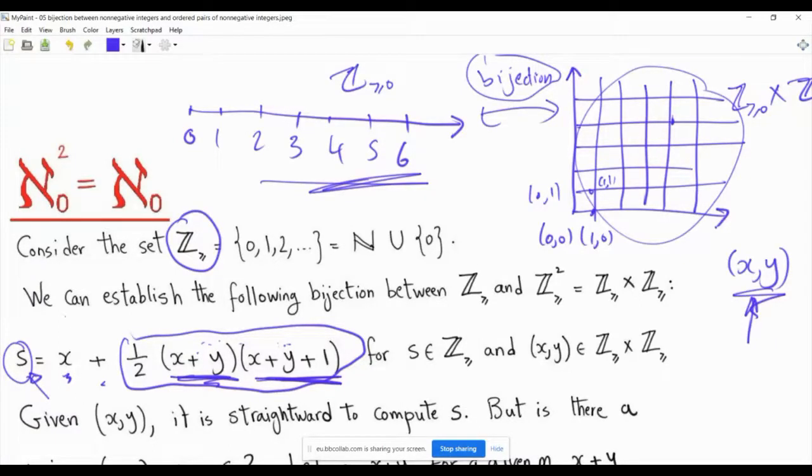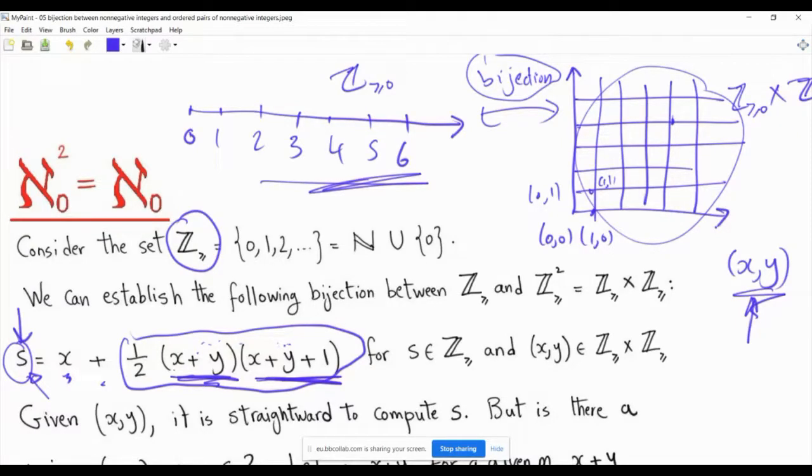Okay, so how can we do this? If you think of this as an equation, we know s now, and we want to obtain x and y. Now, if x and y are real numbers, then of course you will say we have an infinite number of solutions, because it's like one equation in two unknowns.